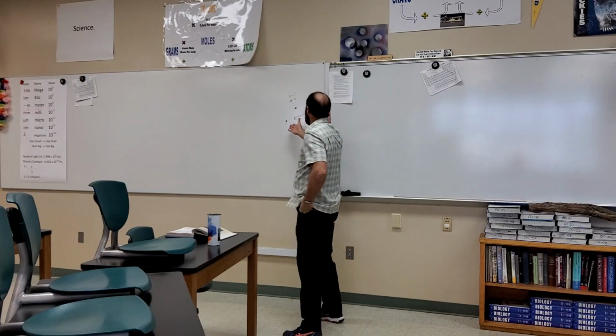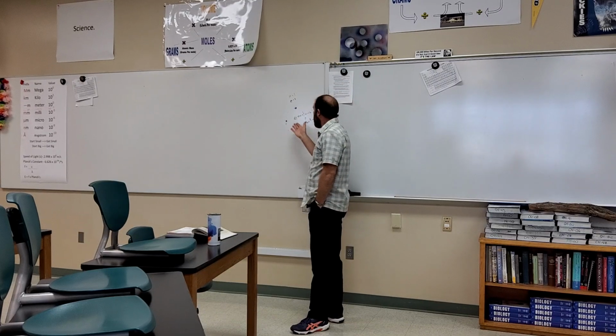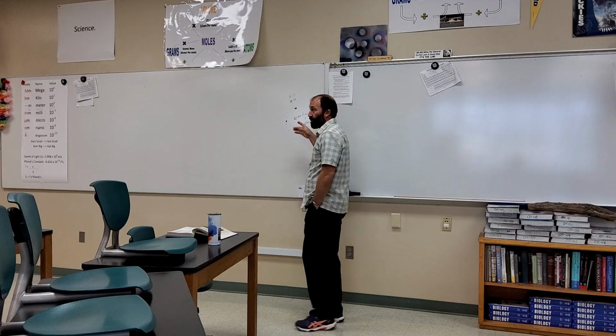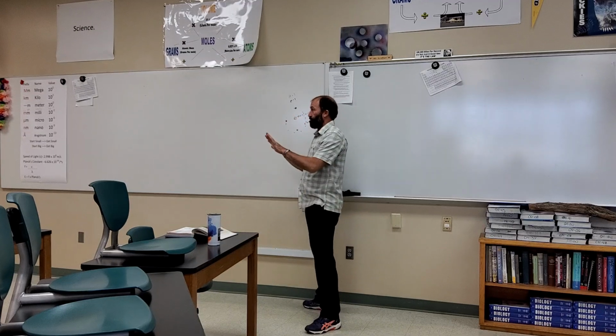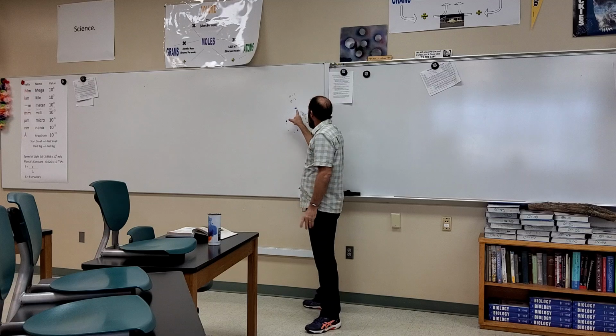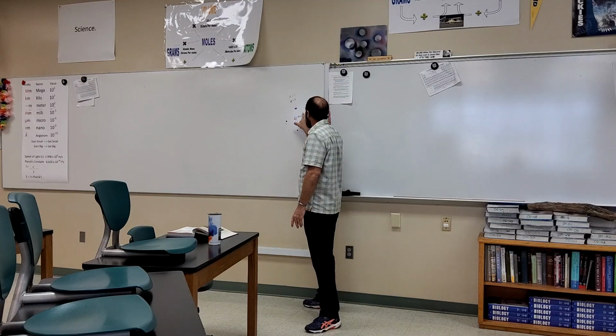Because I think we understand that as we go up the periodic table and add electrons, those electrons have got to go somewhere. Are they just stationary in those spots? Just guess. How many electrons can we fit around there?